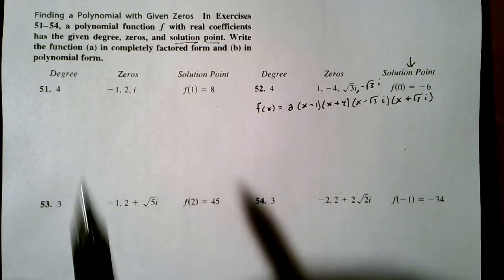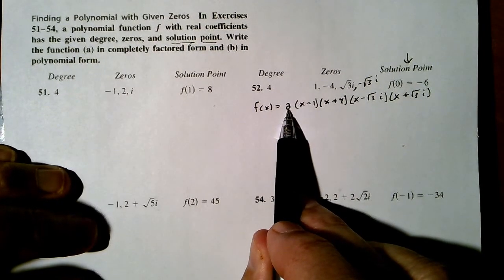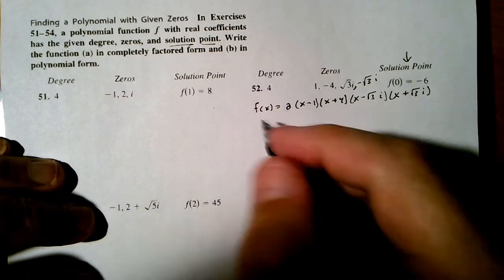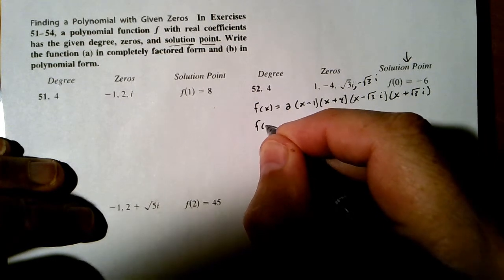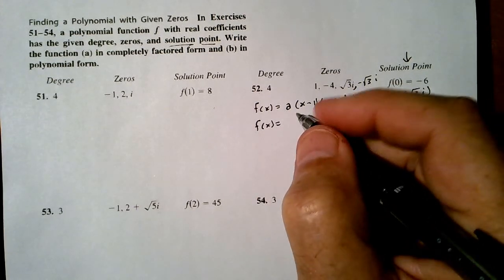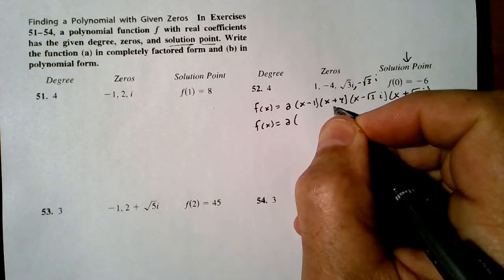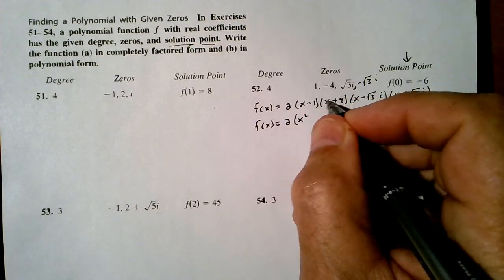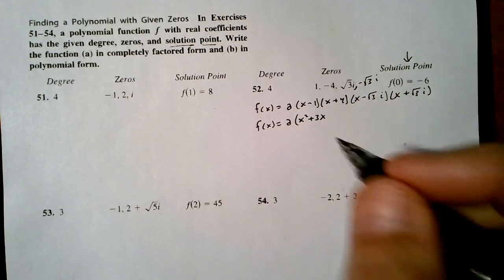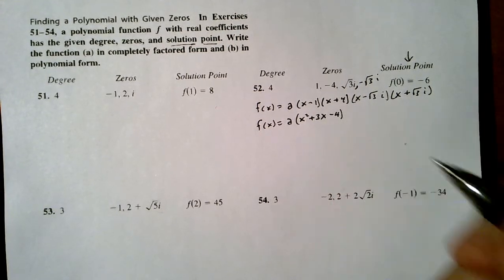So right now, I need to figure out what a is going to be, but the first thing I'm going to do here is go ahead and FOIL all this out other than the a. f of x equals a times, let's FOIL this, I get x squared plus 4x minus 1x plus 3x minus 1 times 4, minus 4.